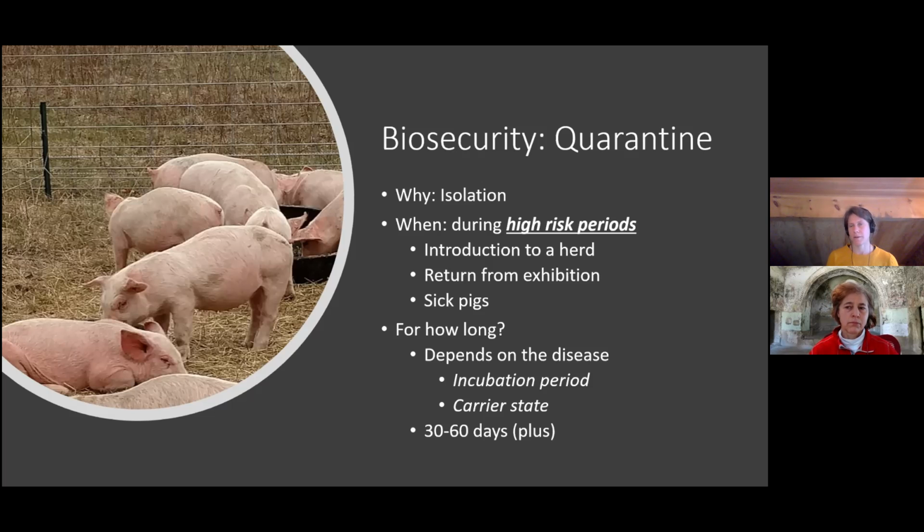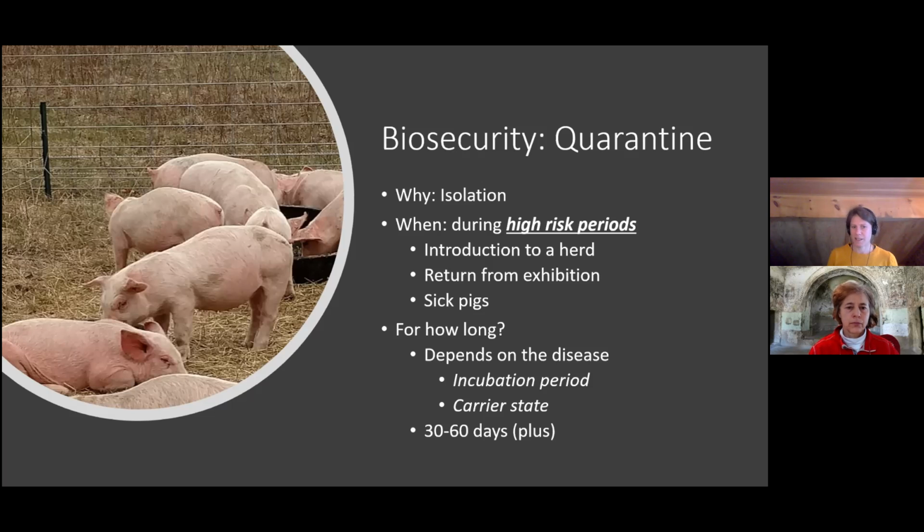If we use swine influenza as our example, if we're wanting to quarantine pigs because we think they might have come from a herd with a swine influenza outbreak, and we want to make sure when we introduce that pig to our herd, we don't spread that disease. The 2 things to know about swine influenza relative to our quarantine math, it's got a short incubation period, meaning a pig that's exposed to swine influenza is probably going to start to look sick within a week if it's been infected.